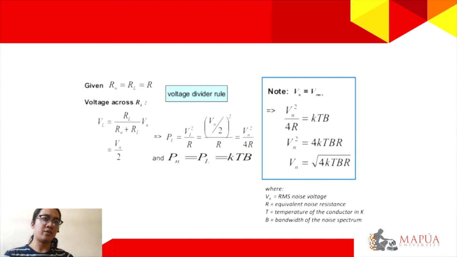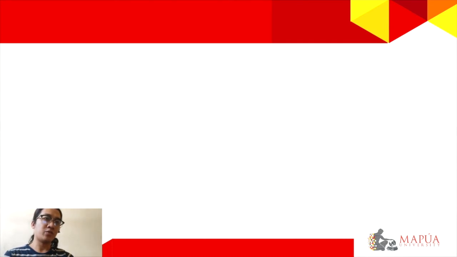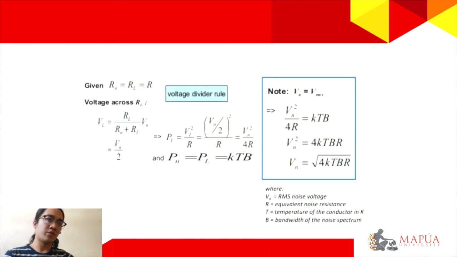By deriving from the circuit before in this slide, we arrive at a formula of Vn is equal to the square root of 4kTBR, where Vn is the RMS noise voltage, R is the equivalent noise resistance, T is the temperature of the conductor in Kelvin, and B is the bandwidth of the noise spectrum.